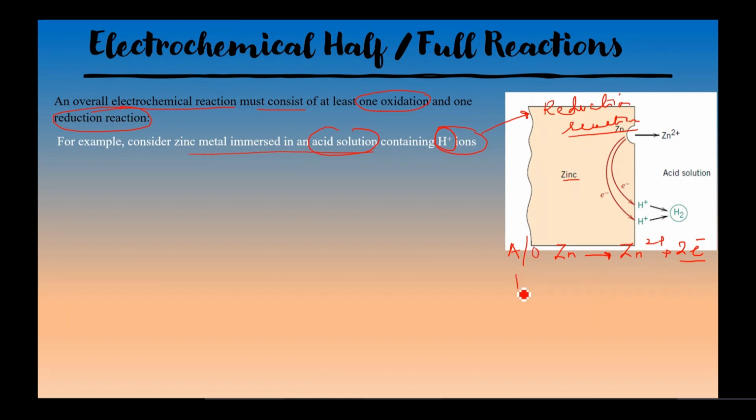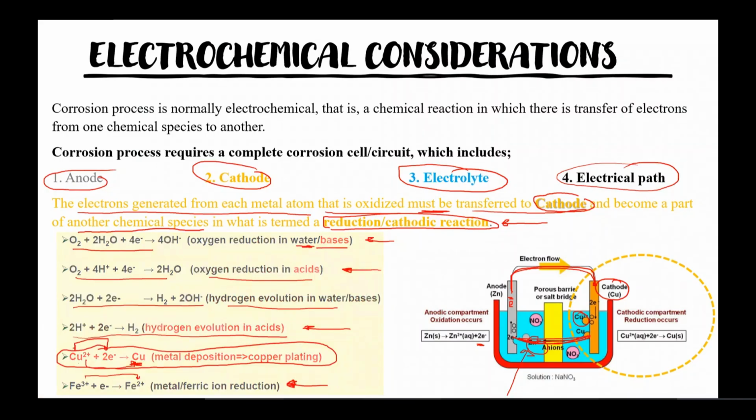As for the reduction or cathodic reaction, there are many possibilities, but depending upon the environment, you will define the reduction or cathodic reaction. This is the reaction that takes place when you have hydrogen evolution in acids.